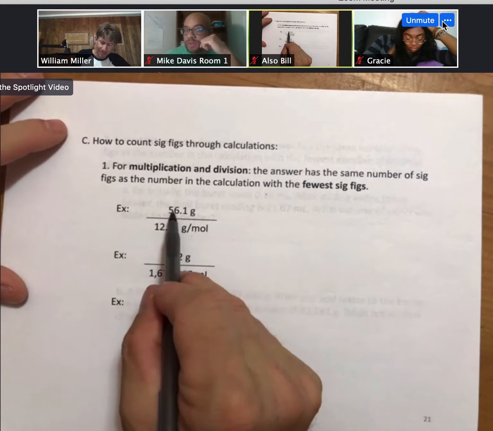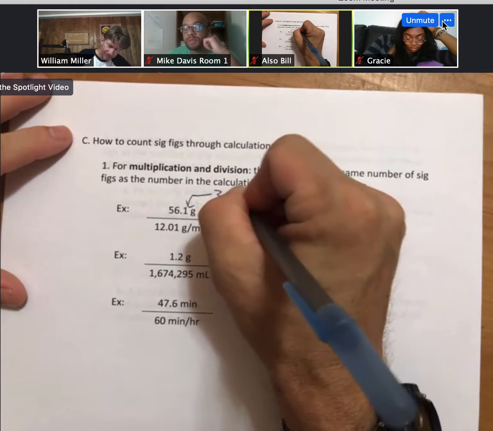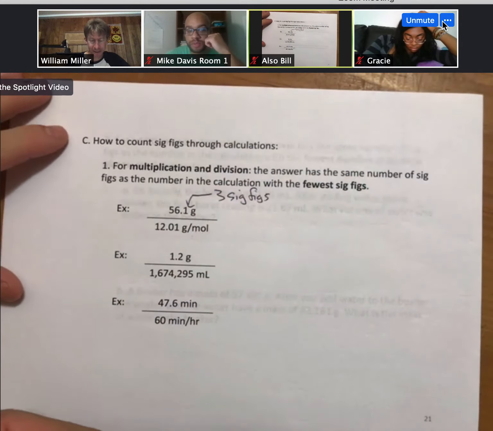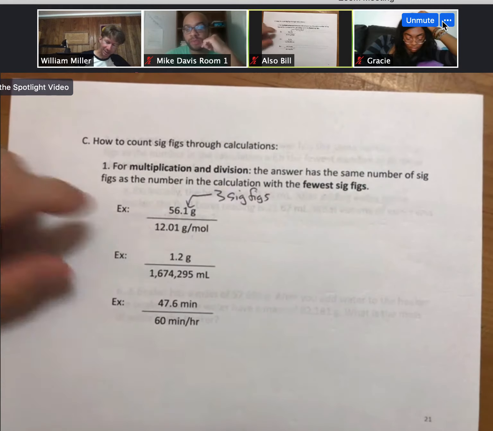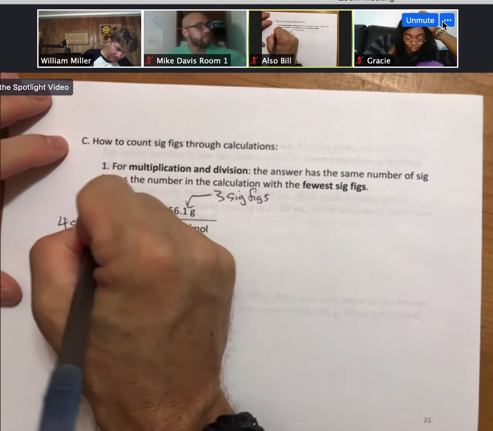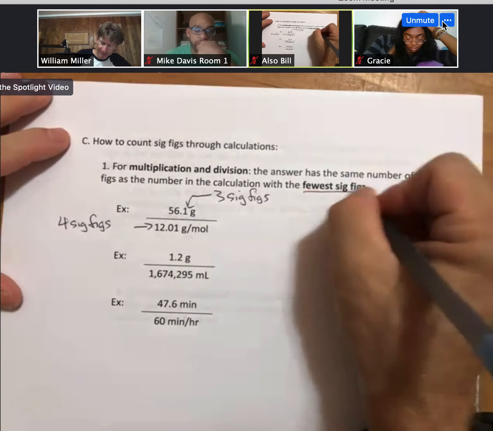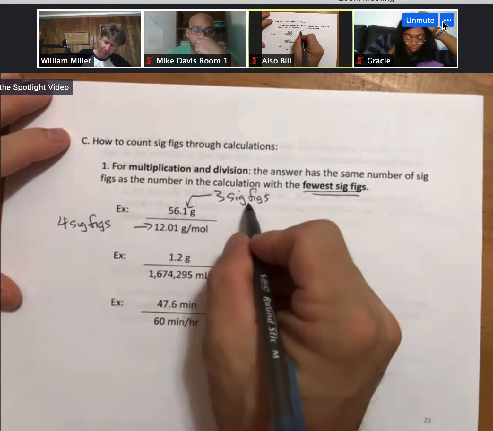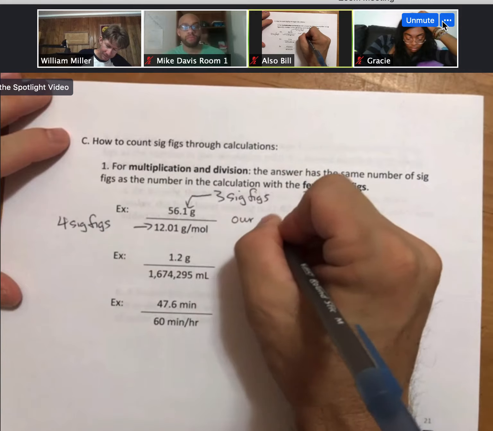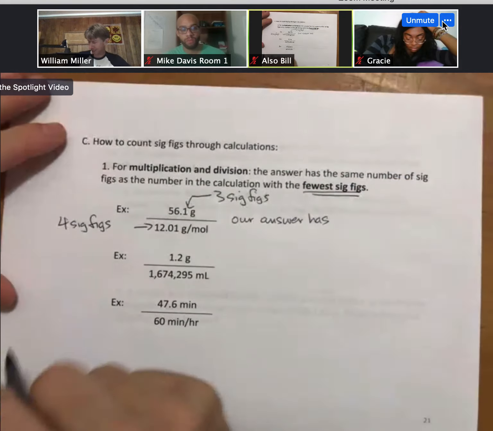The top number has 3 sig figs. The bottom number has 4 sig figs. Fewest sig figs in this problem is 3. That means our answer has 3 sig figs.